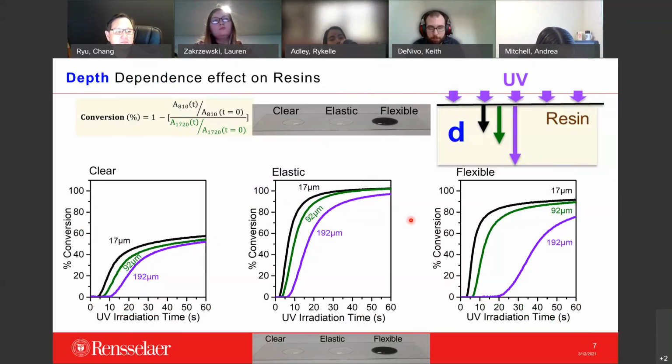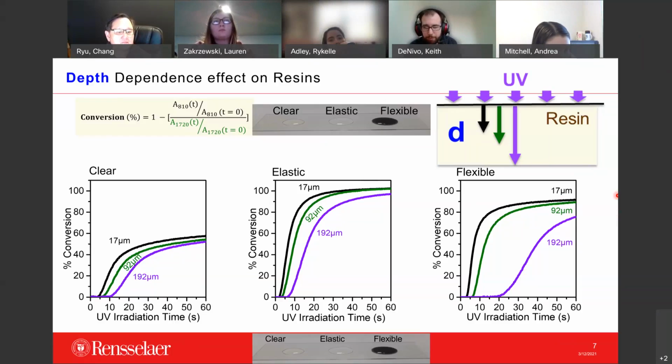It was almost fully converted. And the flexible had a high conversion, about 85%, but it did have a great depth dependence in terms of how thick the sample is, how much conversion you would get depending on its thickness.